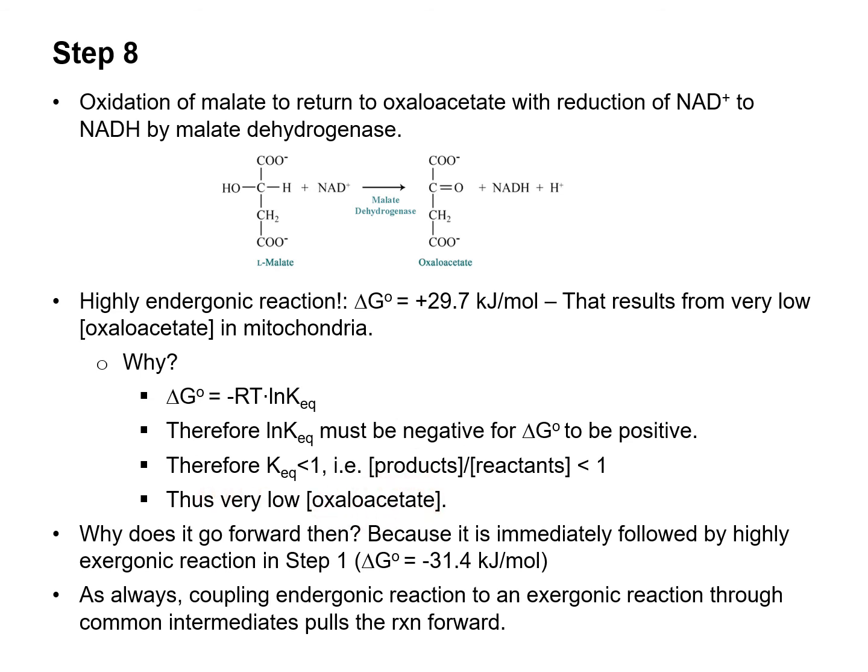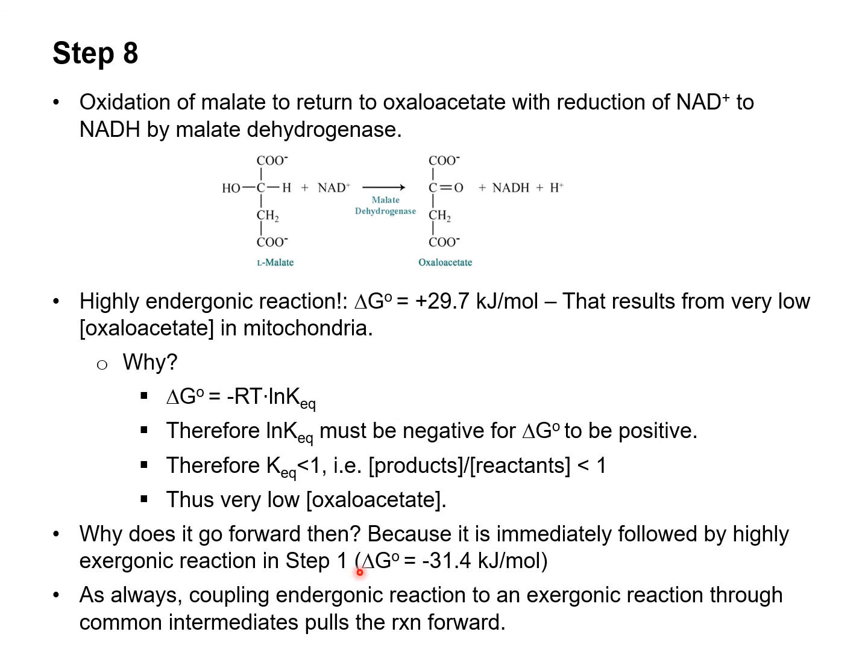Then why doesn't this endergonic reaction go forward? It is because it's immediately followed by the highly exergonic reaction in step 1, where the condensation of oxaloacetate and coenzyme A, acetyl-CoA, happens.